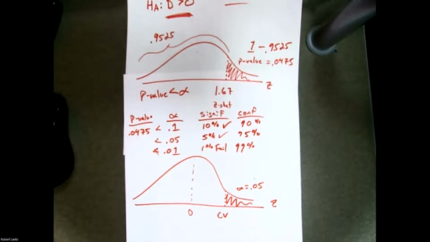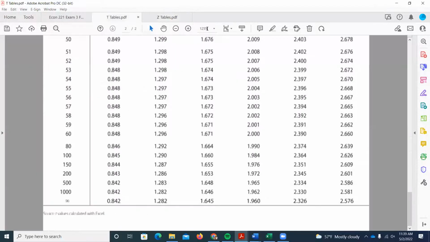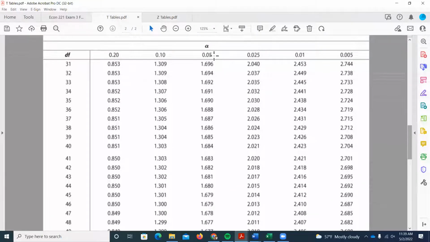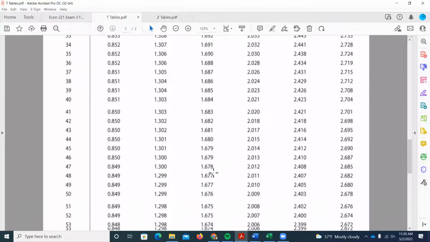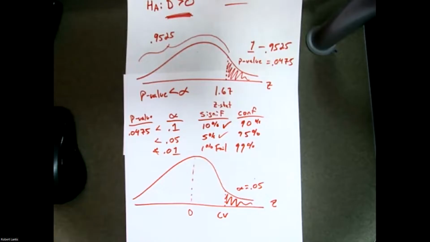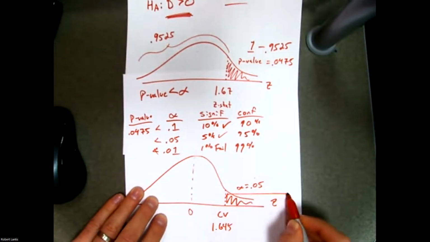Right? So once again, I could use that z-table, but it's a little bit easier to just use that last row of my student t table. So I wanted 0.05 in that right tail. The last row would give me what that z value would be. So 1.645. So here's my critical value for a right-tailed test.